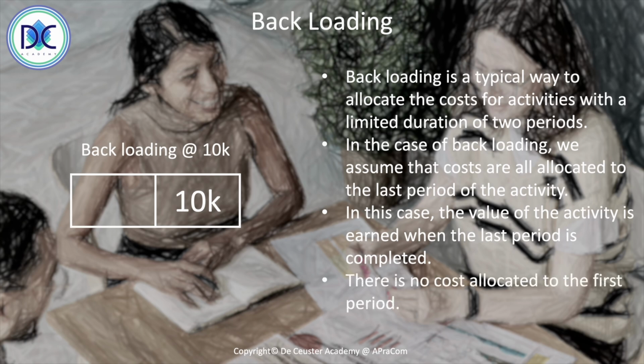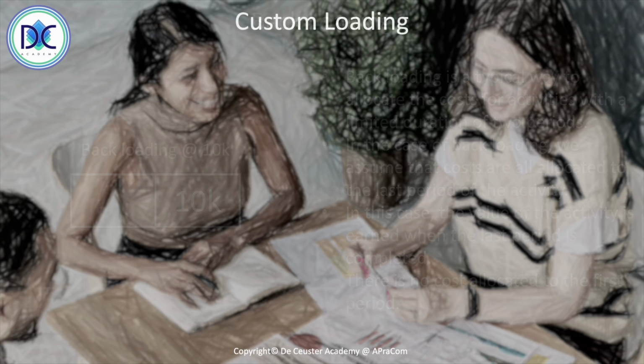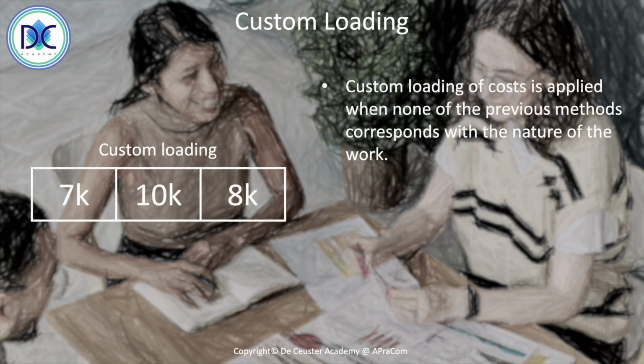We also have custom loading, and this is something that we will encounter more when we cannot use any of the previous methods. We look at the nature of the work and we see how much work is done in every period, and it has a different value for every period.